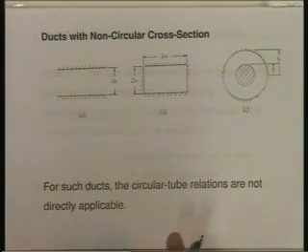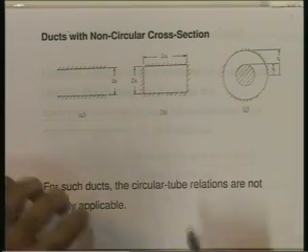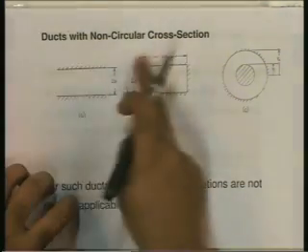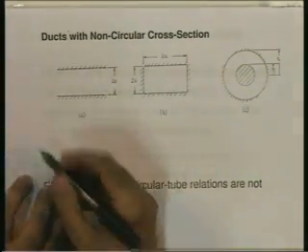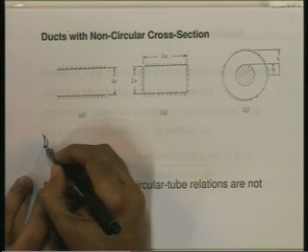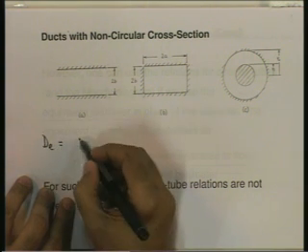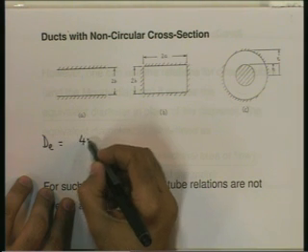But for non-circular cross sections, you will have equivalent diameter based on the geometry. For example, if you consider this to be 2 long parallel plates, the equivalent diameter here will turn out to be 4b.